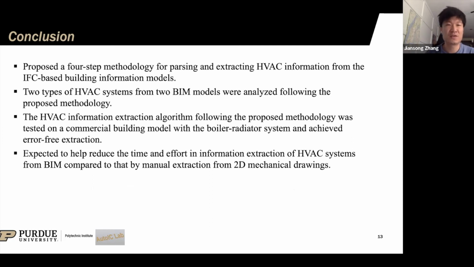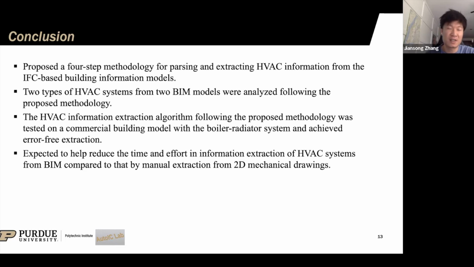Okay, to conclude, we proposed a 4-step methodology for parsing and extracting HVAC information from IFC-based building information models. And 2 types of HVAC system were investigated following the proposed methodology. The HVAC information extraction algorithm was also tested on a commercial building model with the boiler radiator system and achieved error-free extraction.